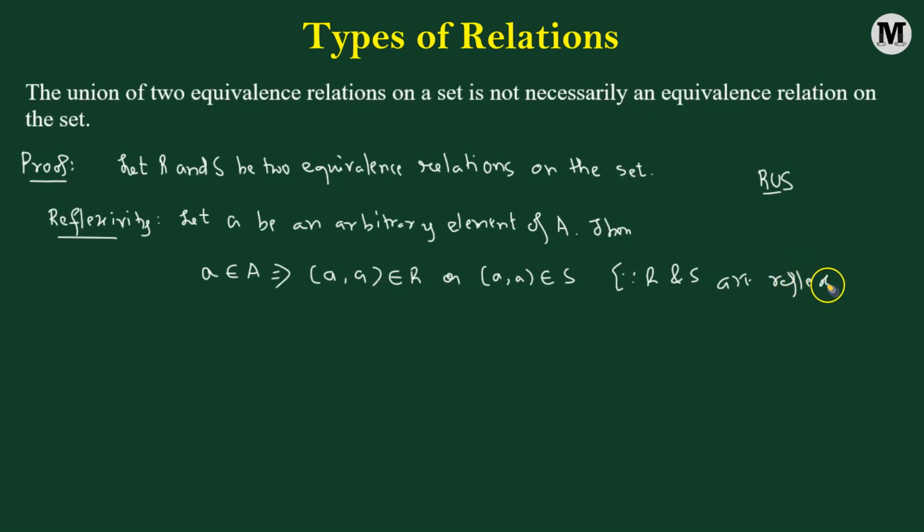If they are equivalence relations, immediately we can say that both of them are reflexive. So the ordered pair (a, a) belongs to R or it belongs to S.